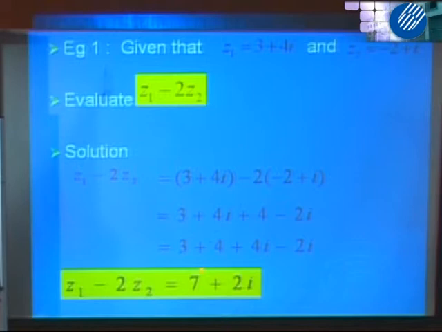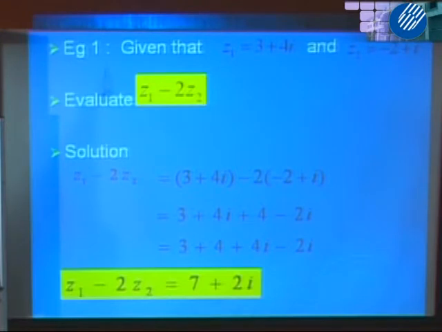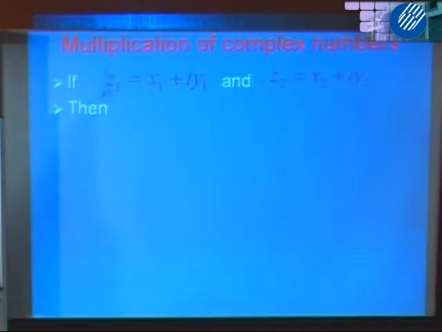So now we can see that z1 minus 2z2 equals 7 plus 2i. So take note, the computation of any complex number is another complex number. That's very important. Let us see now the part of multiplication.